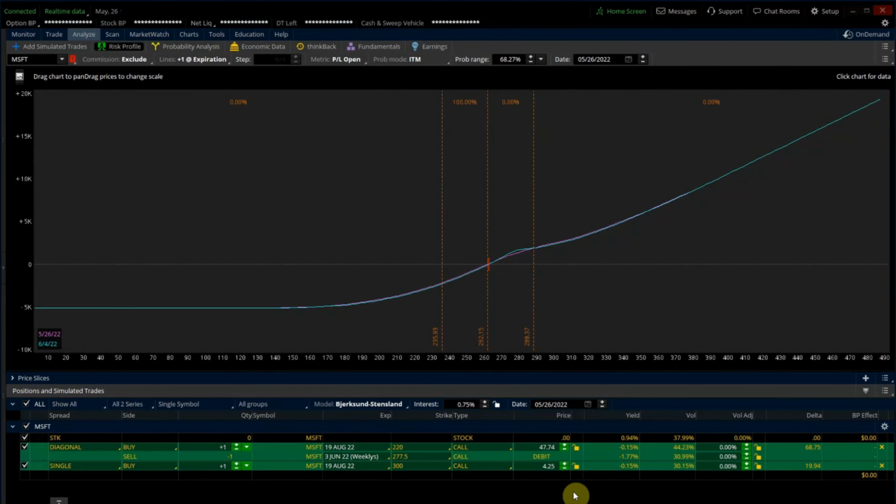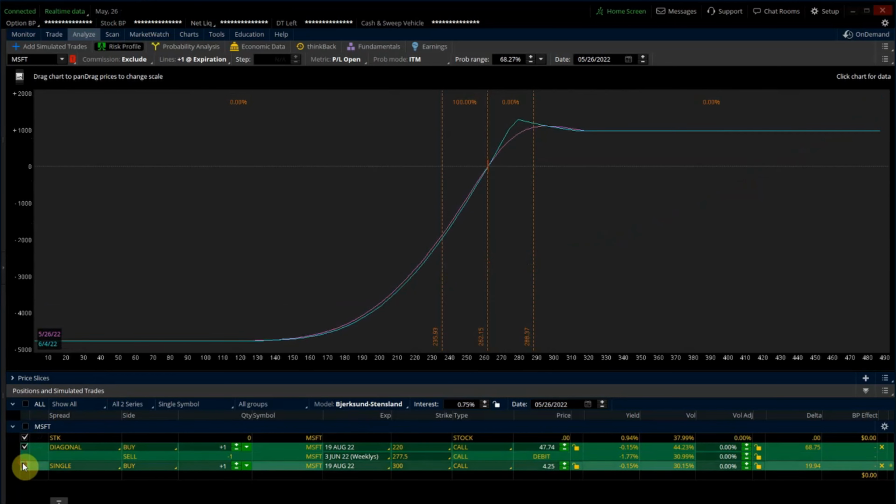So let's take a quick look at the P&L charts for both trades. So for the diagonal spread, my max loss for the trade is actually $4,774, and that is the cost for me to enter the diagonal spread trade. Thinkorswim will actually block this amount from my buying power, and my max gain for the diagonal spread is actually capped by my short call, and for this particular diagonal spread trade, my max gain is actually $976.